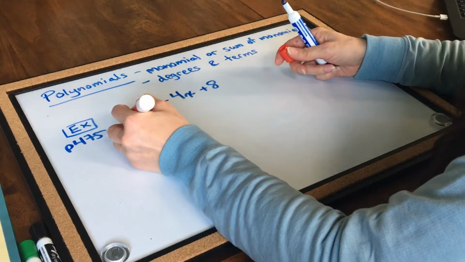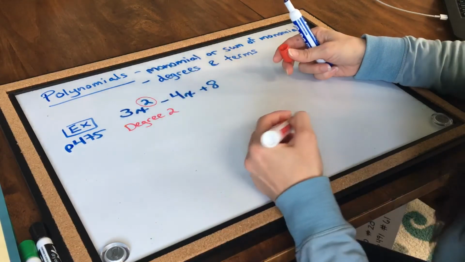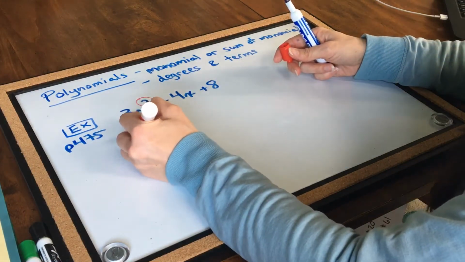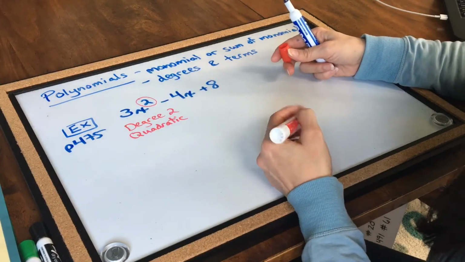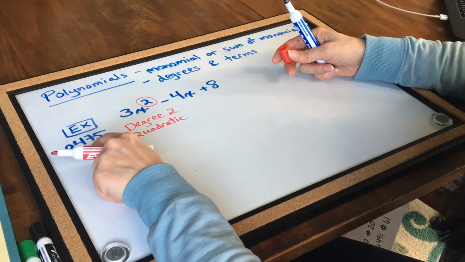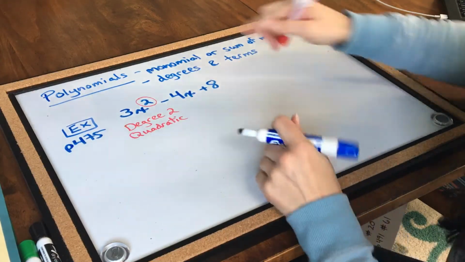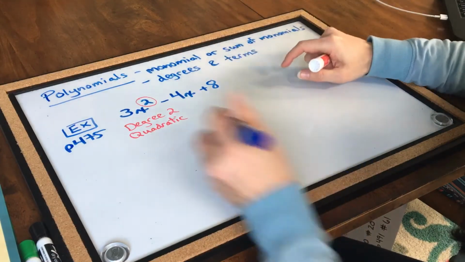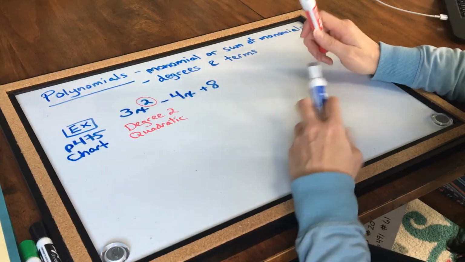So this would be a degree 2, or a second degree. There's a very special name for that, which is called a quadratic. That's the chart on page 475. So a degree is the highest exponent in the polynomial. If you're curious about some other ones, take a look at the chart.